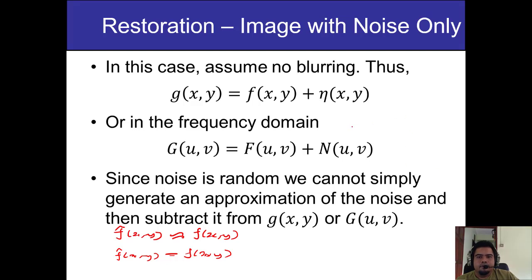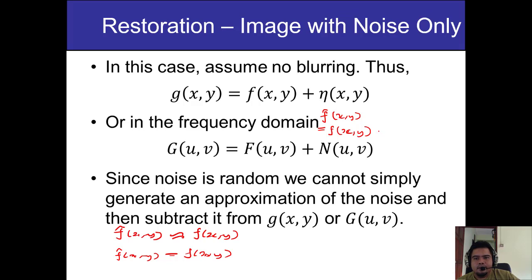So if you talk about obtaining back our f hat, and you say your f hat is equal to your f, that is the perfect restoration that you can do. That is the ideal one. So from this equation, again, we know that the one that we can access is this one. This is the one that you receive from your hardware or your digital camera.